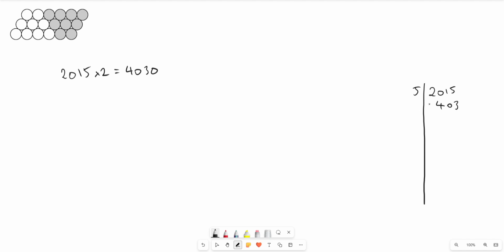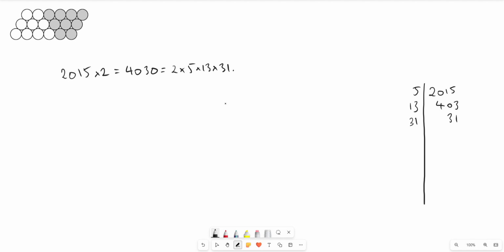And 403 can be divided by 13, which gives us 31. 13 is one of 403's only factors. And 31 is a prime number, so 31 can just go here. So these are the 3 factors of 2015. We just times that by 2, so 4030 equals 2 times 5 times 13 times 31.